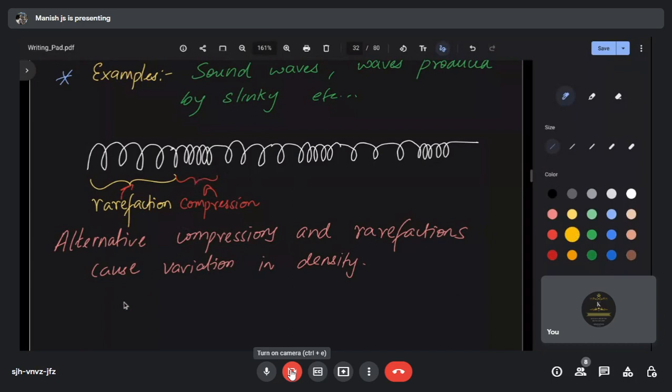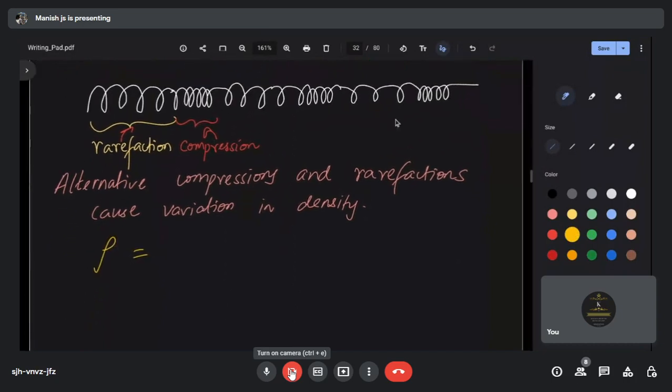Why density variation? Because density rho is given by the formula for density, which everyone knows, mass per unit volume. Volume can be expressed as area into length. So mass divided by volume can be area into length. So we can write it like this.